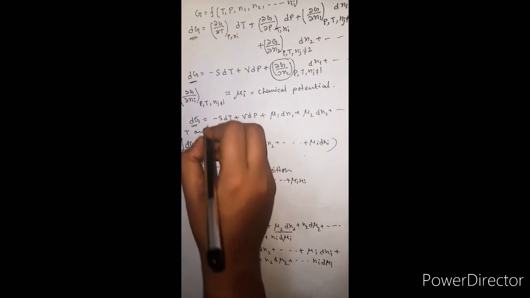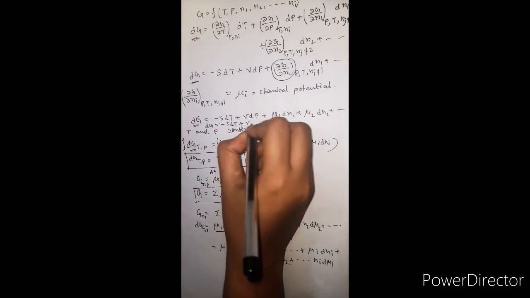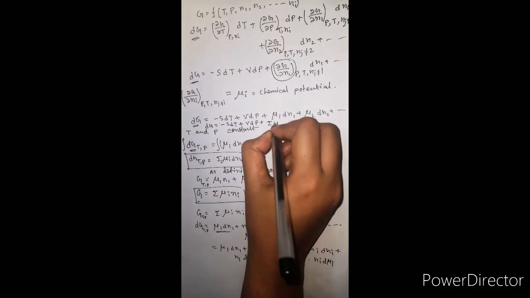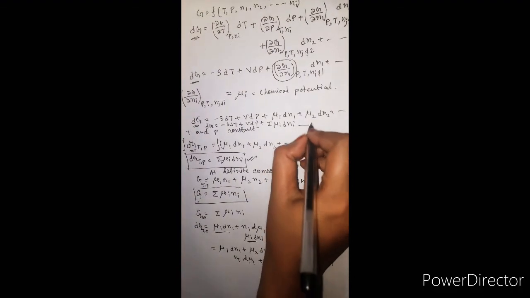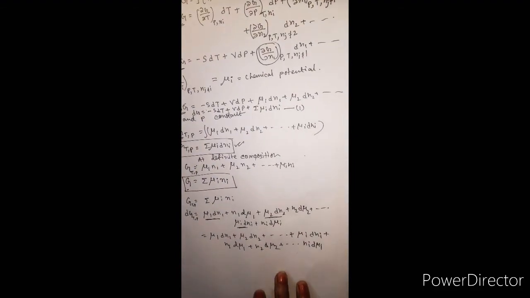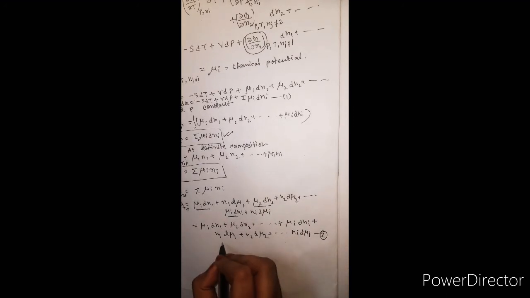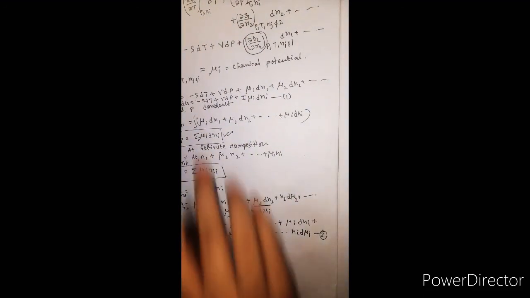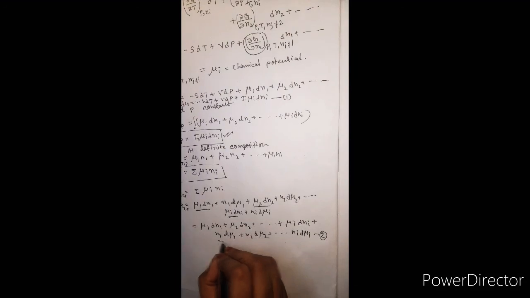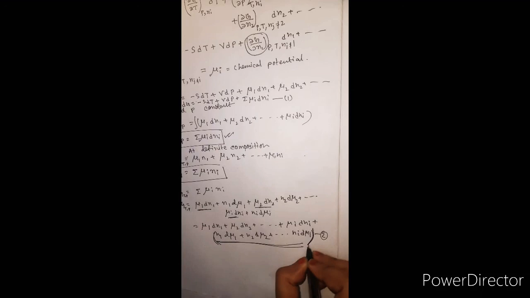This means that dG is equal to minus S dT plus V dP plus the summation of mu_i dn_i. If we consider this as equation 1 and this as equation 2, then by comparing equation 1 and equation 2, equation 2 is only valid when these terms are equal to 0.